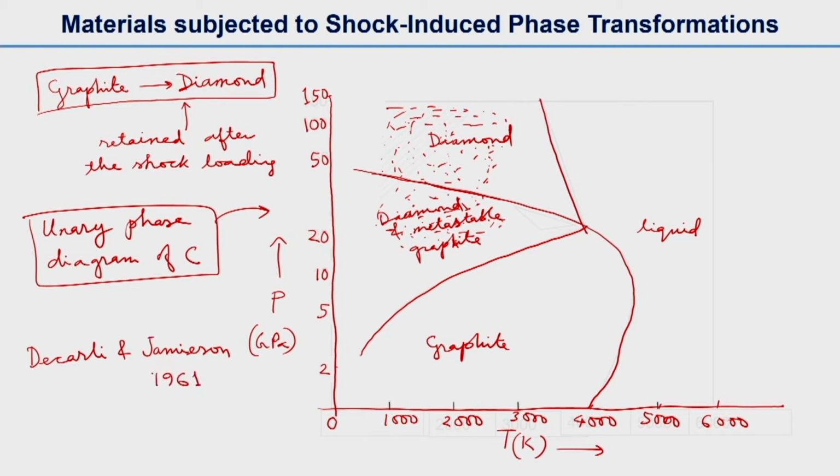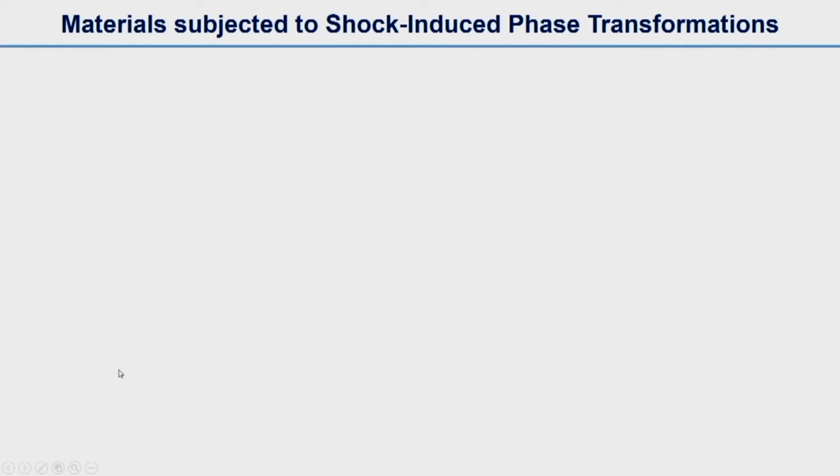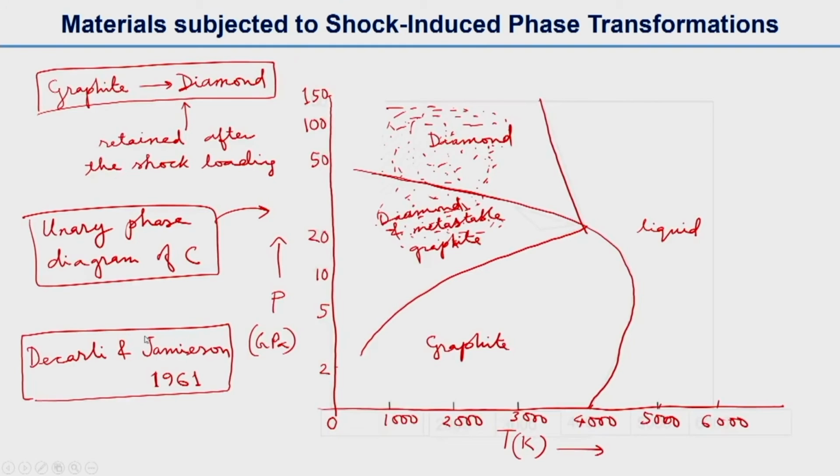They reported in 1961 the shock induced phase transformation of graphite to diamond. Diamond starts at a low pressure, even at a lower temperature, it can start as early as 2.3 gigapascal.